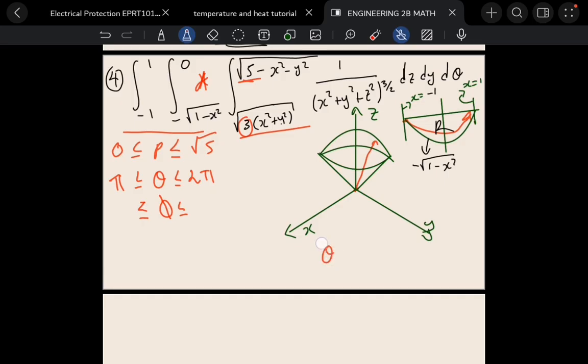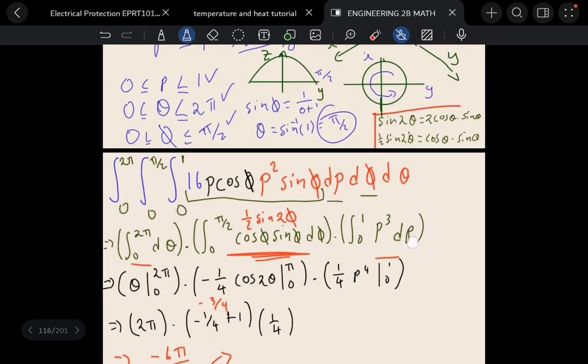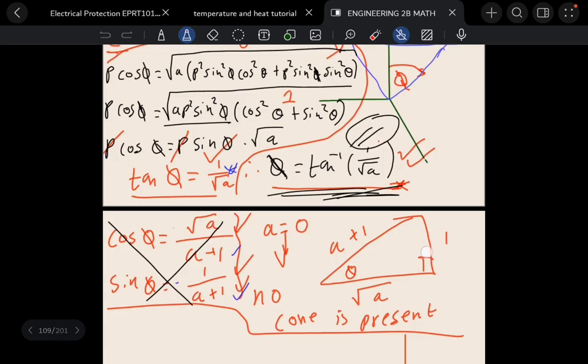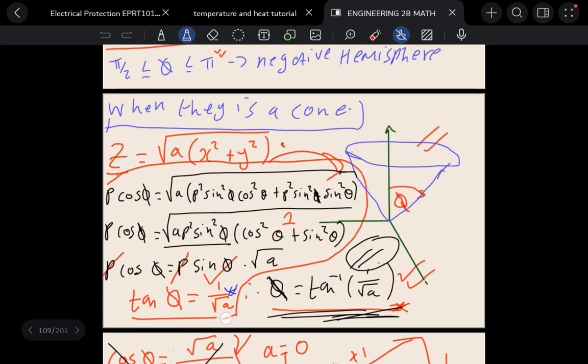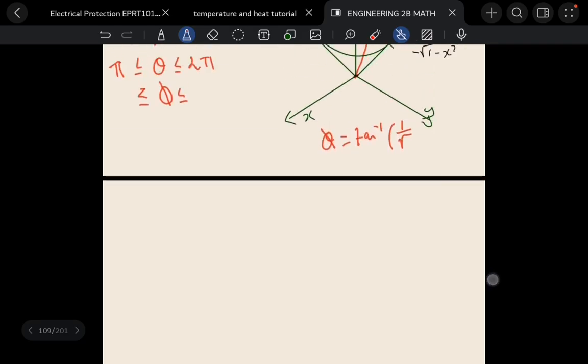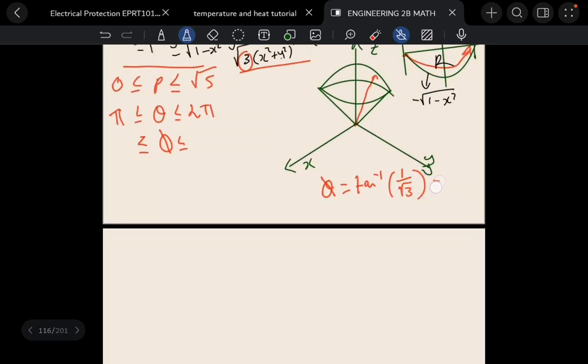And then your phi is equal to the arc tangent of 1 over the square root of a. And the square root of a is actually the a that you see here, found in your cone. So 3, which is going to be pi over 6.